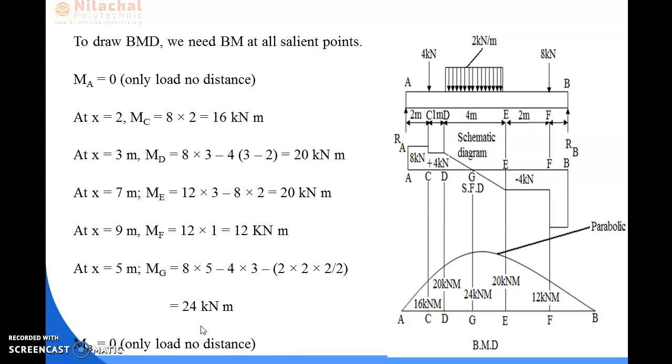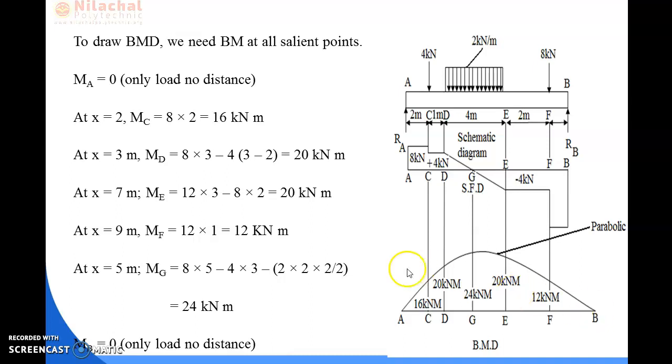First of all, at point A and at point B, the bending moment is 0 due to no distance and only the loading system. So first we need to draw a reference line for easy drawing. Here at point A it is 0, and at point B it is also 0.